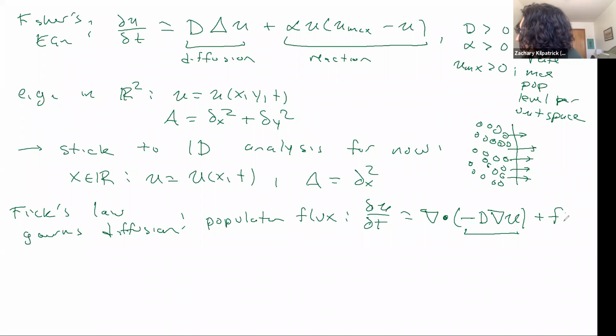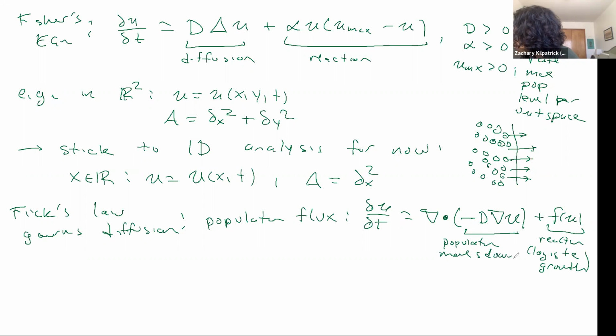And this thing here is our reaction term, which is going to be logistic growth in this case. Okay. So the population moves down the gradient. Wherever there are no organisms, the organisms want to move there, because they're motivated to get more food there, etc.